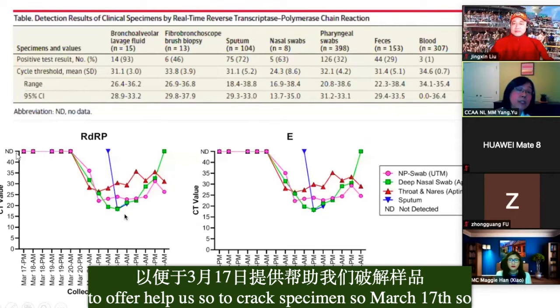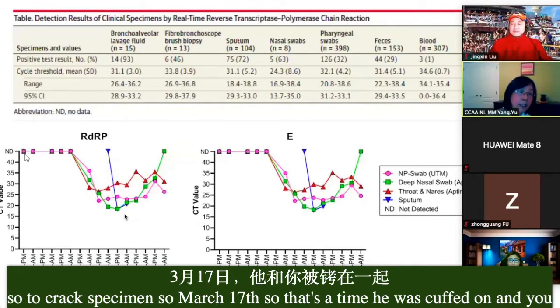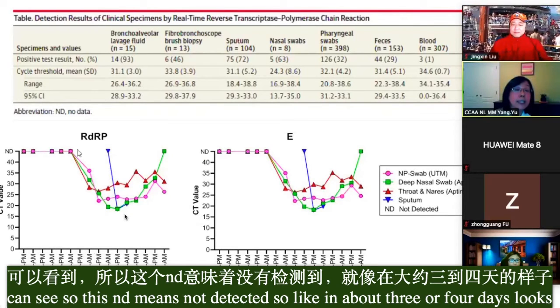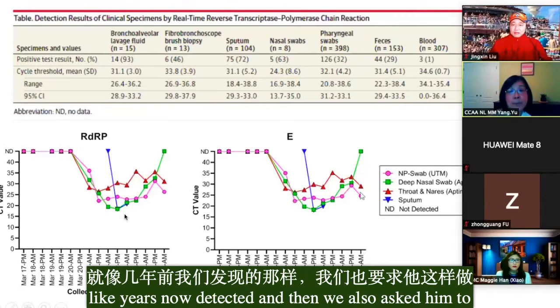March the 17th is the time he was coughed on. You can see ND means not detected. So in about 3 or 4 days, it looks like nothing was detected.